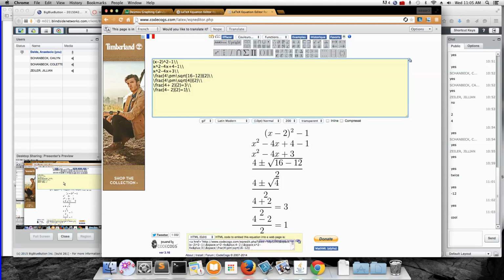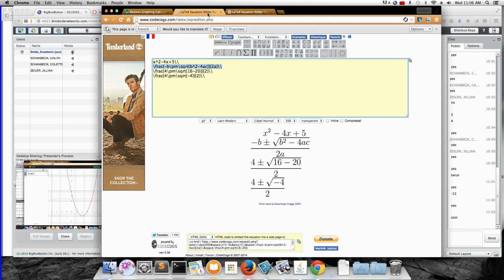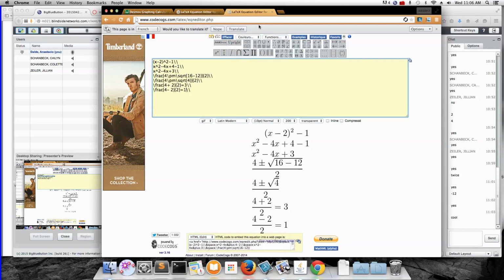All right, so again, the quadratic equation actually told us it crosses at both 3 and 1. Do you see that? The thing I really want you to look at here is this number right here.